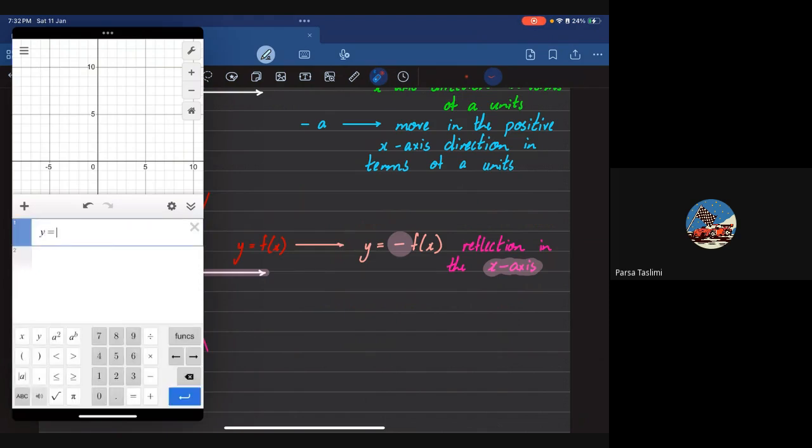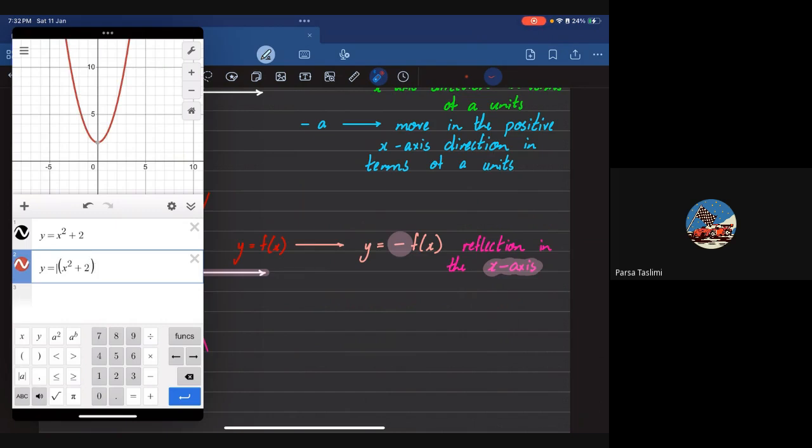So y is equal to x squared. Simple. Now notice what will happen to this. y is equal to x squared plus 2. Okay, this is an entire equation. Now I'll write the same equation, but I'll put brackets. y is equal to x squared plus 2. Same equation, right?